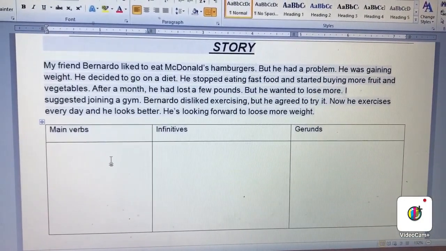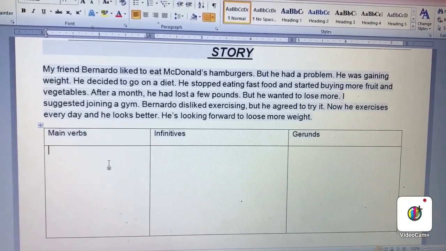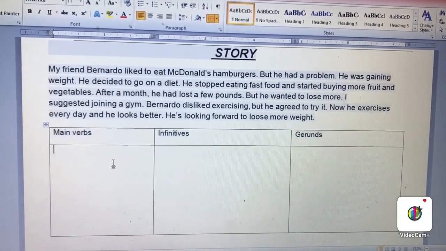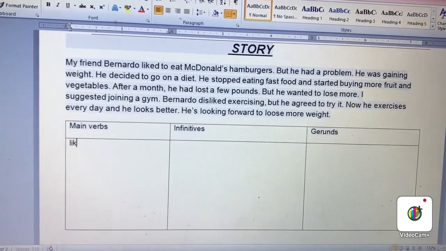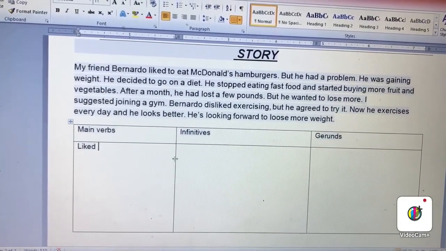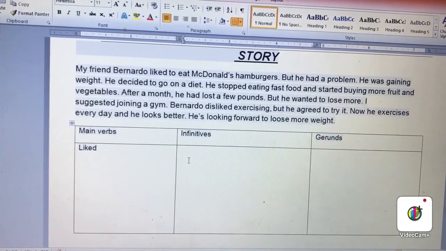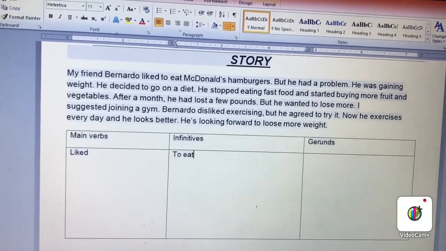In the first sentence, my friend Fernando liked to eat McDonald's hamburgers. Here we are having liked, which is a main verb. Now we are having an infinitive, to eat.